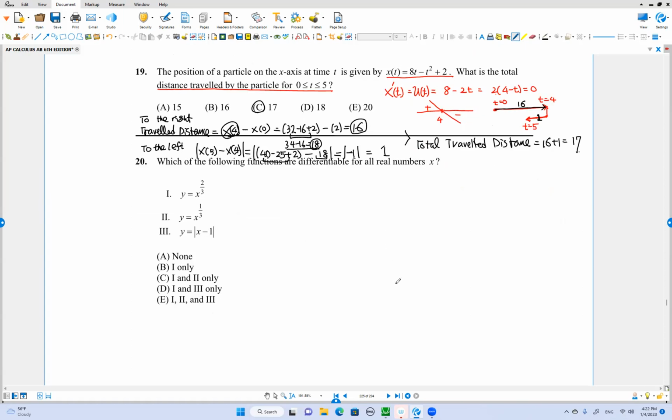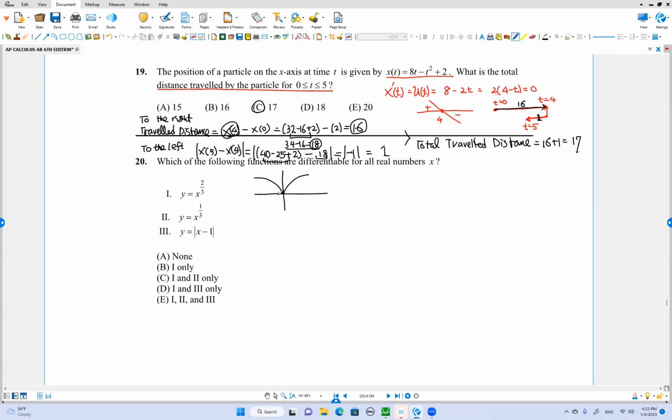All right, number 20, which of the following functions are differentiable for all real values of x? Differentiable, right? Yeah. What about number 1? Differentiable. But you can also find this one on the graph. Y equals x to the 2/3 graph, always this one. This is the original, okay? But at this point, it's not differentiable, right? That's what?